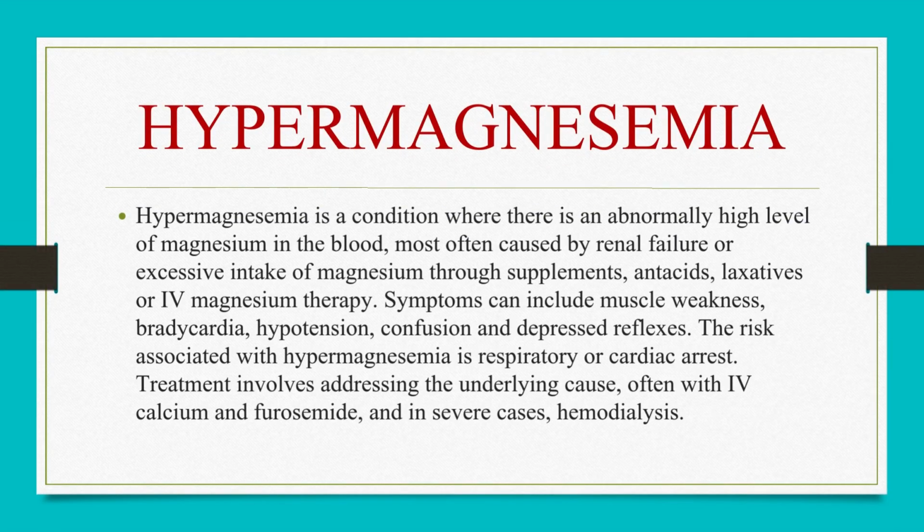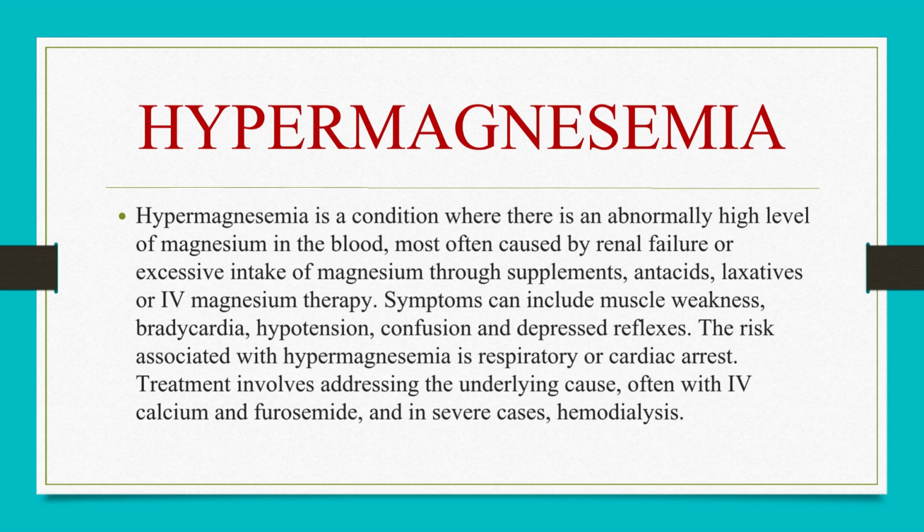Hypermagnesemia. Hypermagnesemia is a condition where there is an abnormally high level of magnesium in the blood, most often caused by renal failure or excessive intake of magnesium through supplements, antacids, laxatives, or IV magnesium therapy.